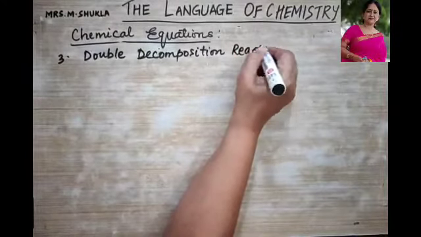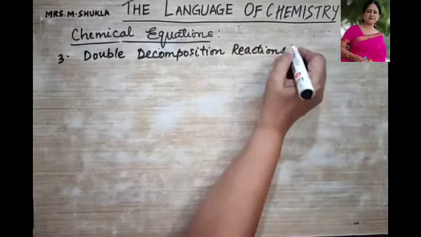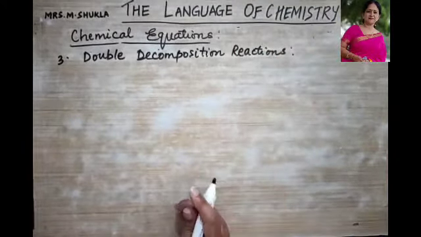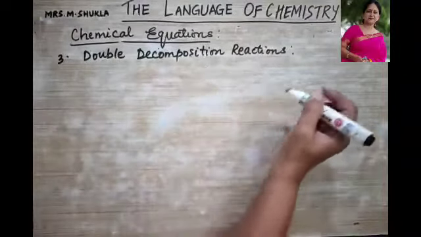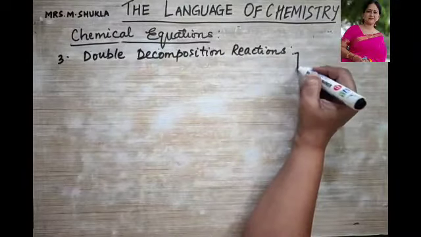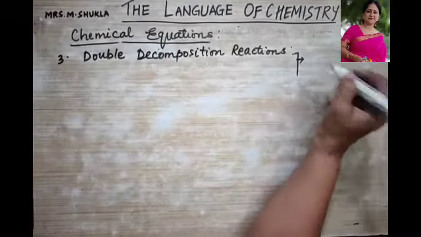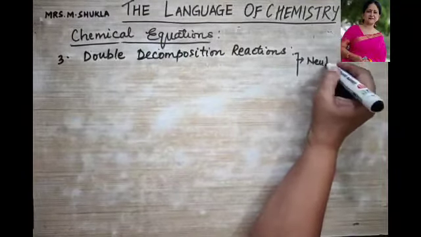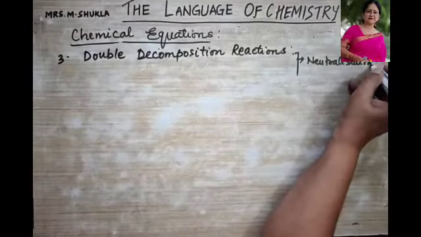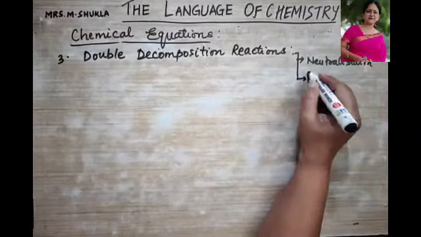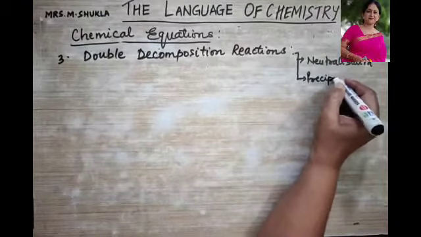Here two reactants and two products are formed. These double decomposition reactions are of two types. One is called neutralization reaction and the other is called precipitation reaction.